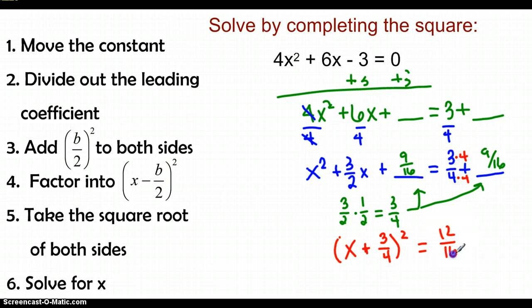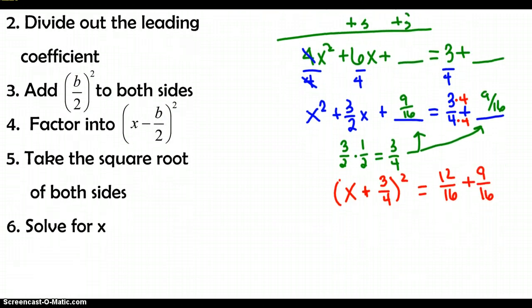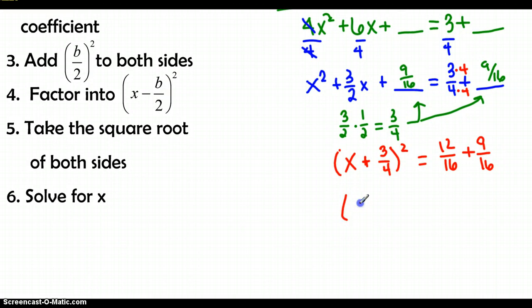So 12/16 plus 9/16. So the quantity of x plus 3/4 squared equals 21/16.